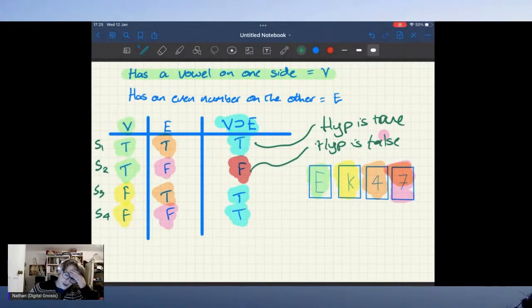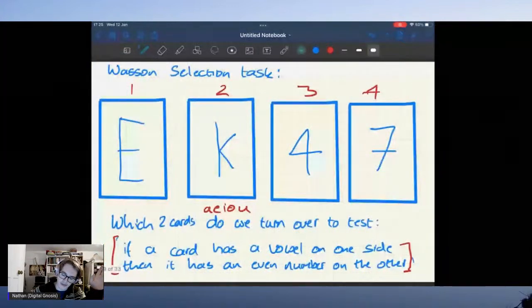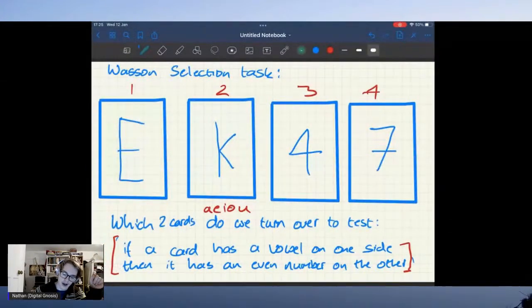So the cards that we have are E, K, 4, and 7. We want to figure out if the hypothesis is false. So let's say we were to turn E over. And I should have prefaced this before I said any of it: we know that every card has a letter and a number, one on each side.